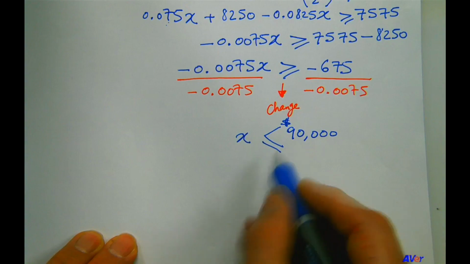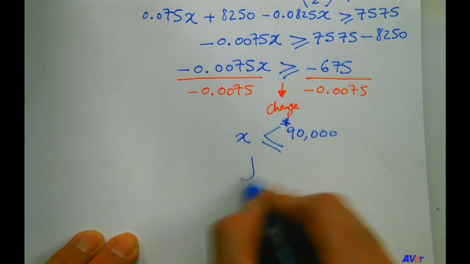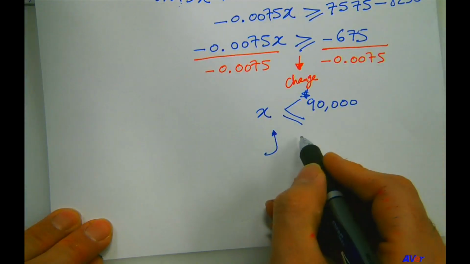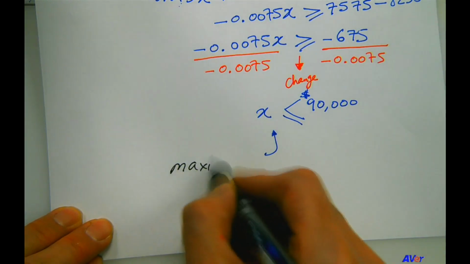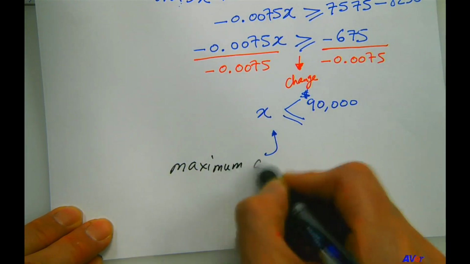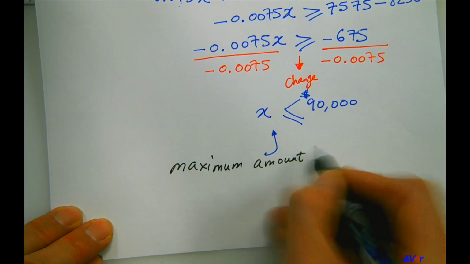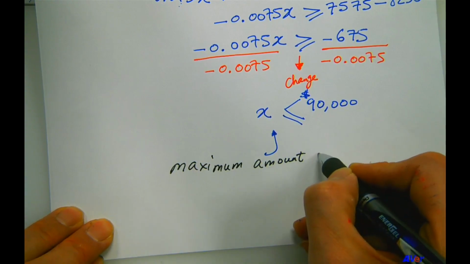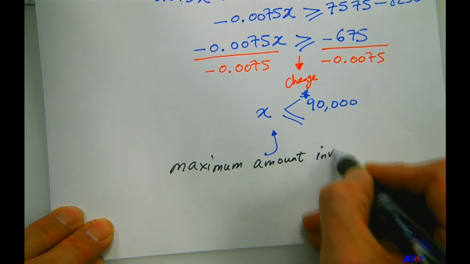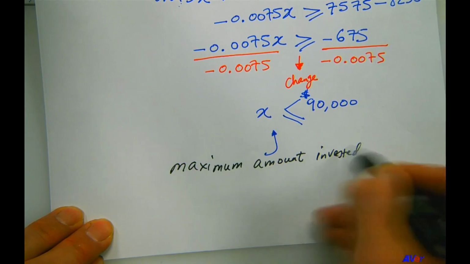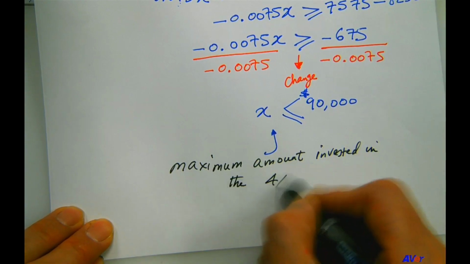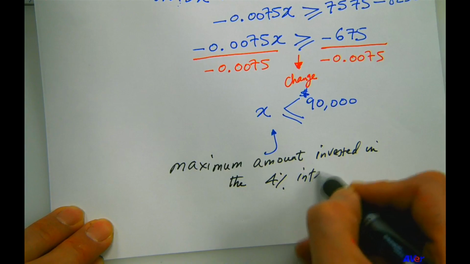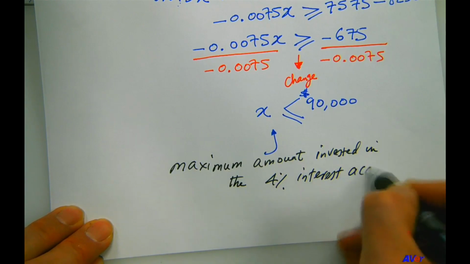So because of that, let's make that clear. So let's say that this is the maximum amount invested in the 4% interest account.